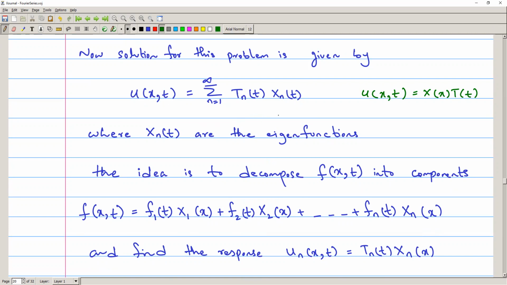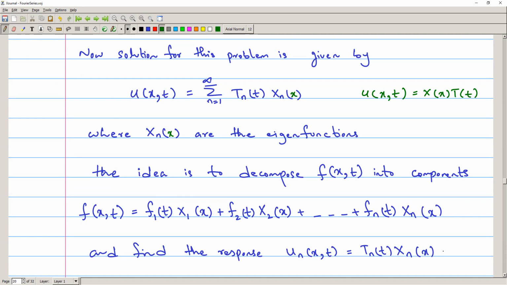Here we can see that the general solution that we generate is in this form: Tn of t times Xn of x, right? Where Xn of x are the eigenfunctions. These are the eigenfunctions we calculated in the previous lessons for three cases, that is lambda greater than 0, equal to 0, and less than 0.